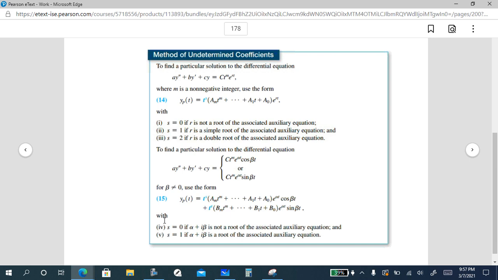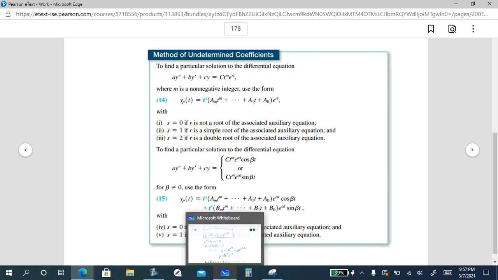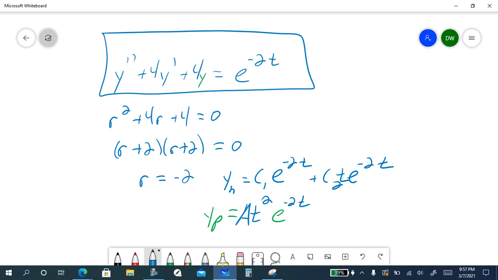And then for our auxiliary or characteristic equation, if this r is not a solution, then we don't pick up an extra t to go with it. We don't increase the degree of our polynomial. In the previous example that we looked at here, our polynomial was of degree 0 because we just had a constant out front and understood 1.